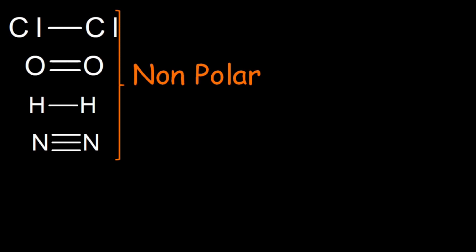Now let's discuss some more examples of molecules which have polar bonds, but the molecule is on the whole non-polar. For example, BF3. In such a molecule, the geometry is very essential because it determines the polarity of the molecule as a whole.